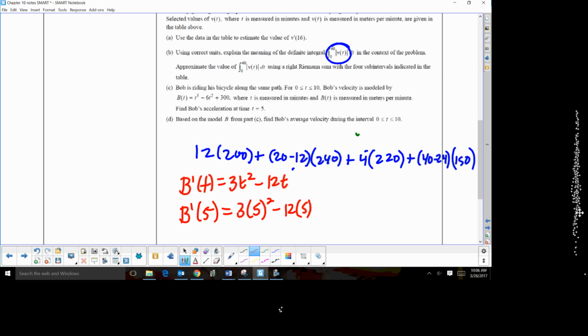Do I have to go do 25 and then times 3 and then the 12 times 5 and then put it all together? No. Okay. So this would be meters per minute squared. If you simplified it, it was 15. Okay? But I would just leave it like that. Alright, D, go.